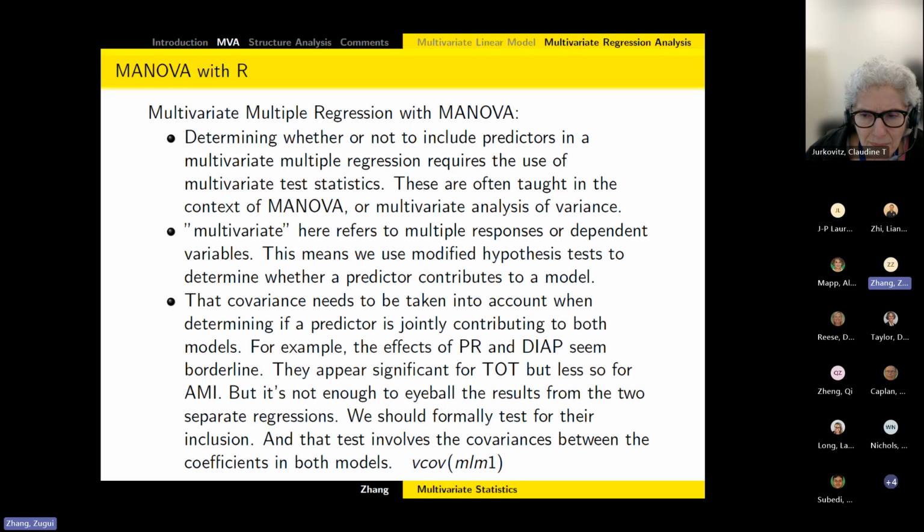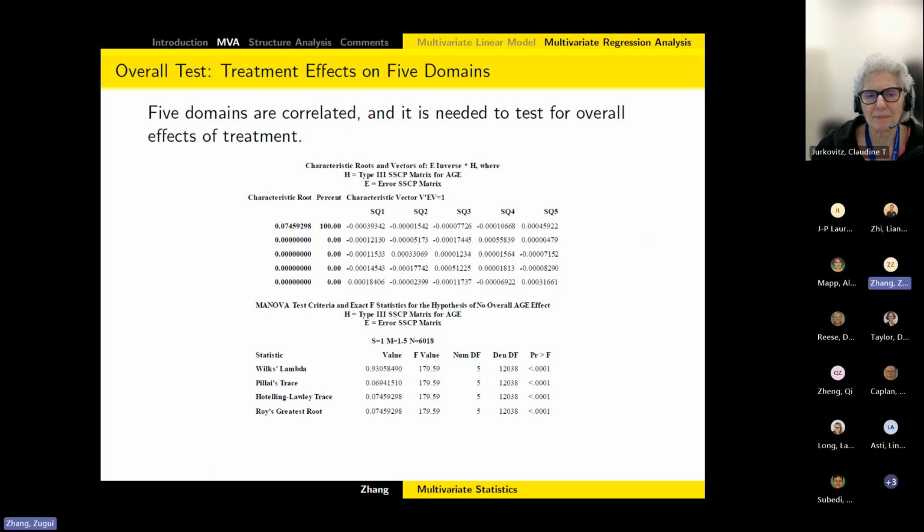One outcome could be significant, but another one not significant. This is quite common. For example, angular severity is significant, but treatment satisfaction maybe not significant. But when we combine them together, because treatment satisfaction is highly related to angular severity, right, this is the reason we need to consider that.